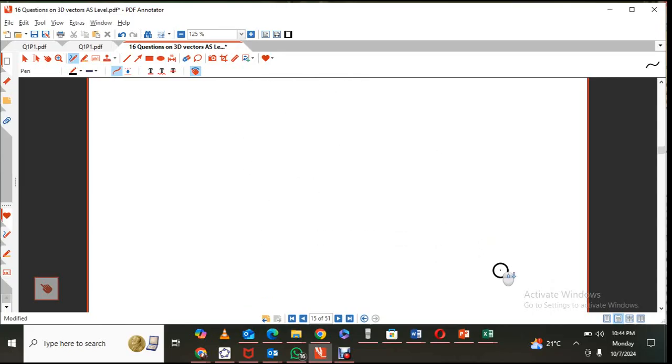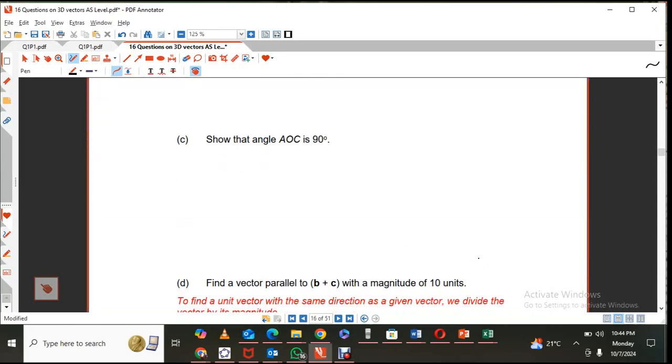Okay, so there's another part. Show that angle AOC is equal to 90 degrees. So let me just write down what I have. I know that OC was represented by 0, 1, 1.